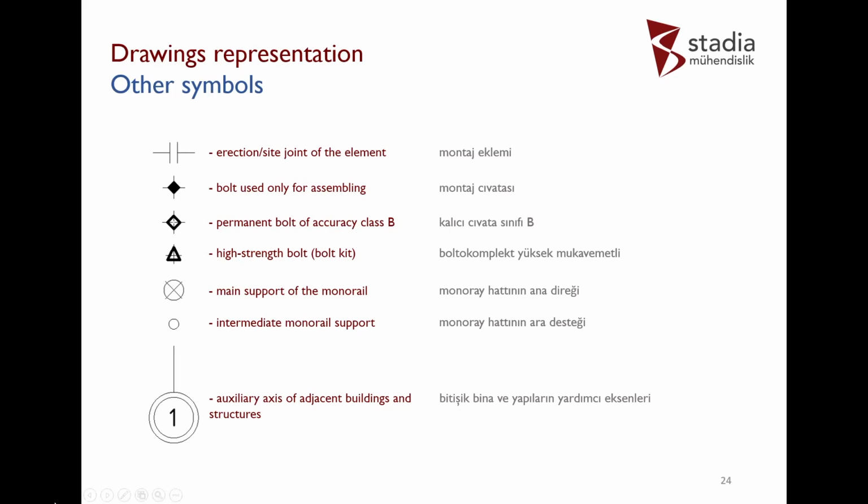As an example, we are creating block A of some building, and if we have block B and do not show block B in our drawing, we can draw one axis of this block B as a reference axis, and we can do it in this way.